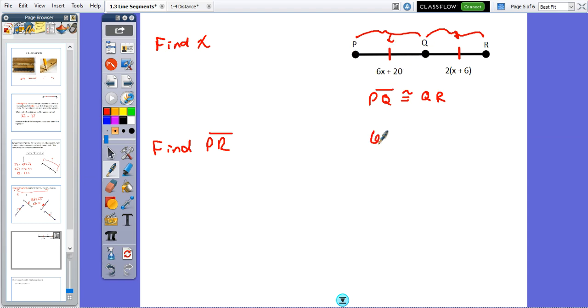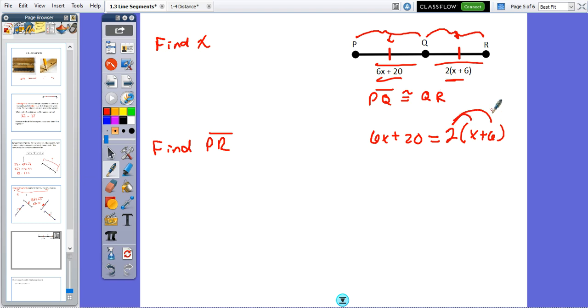That's good to know. And we know that QR also equals 2 times the quantity x plus 6. So we can then say 6x plus 20 equals 2(x plus 6). This is how we're going to find the value of x, because we know that these two segments are equal to each other, so the individual little equations also equal each other.